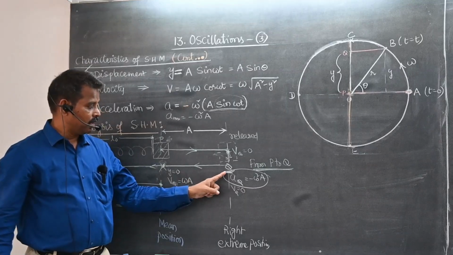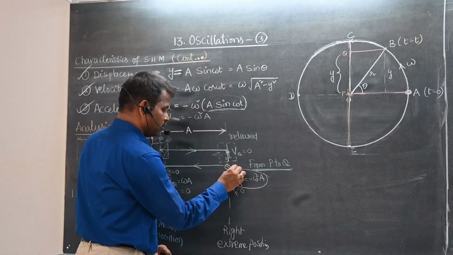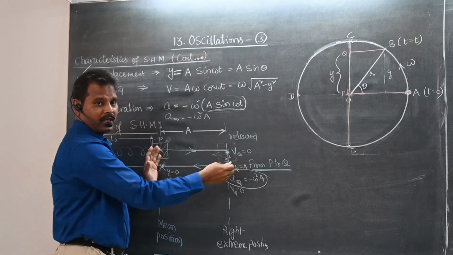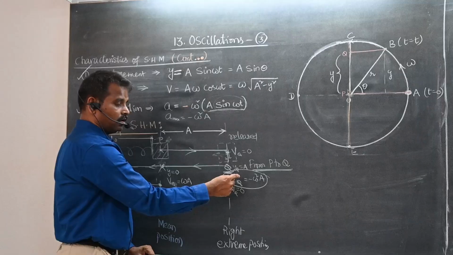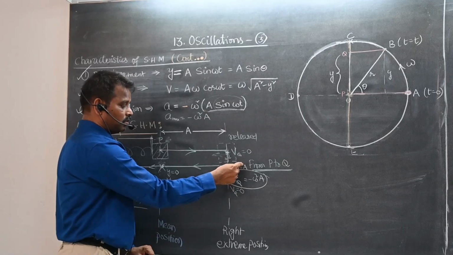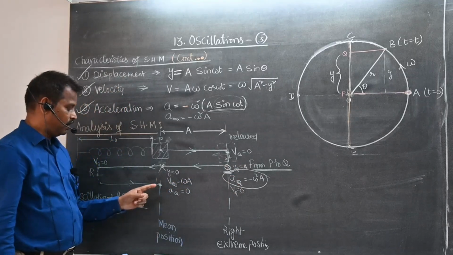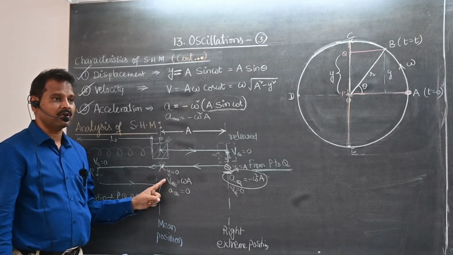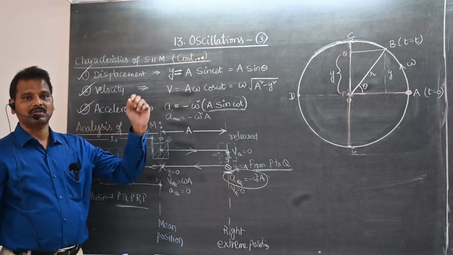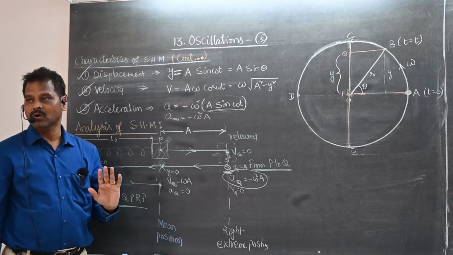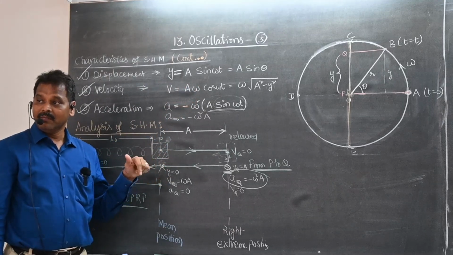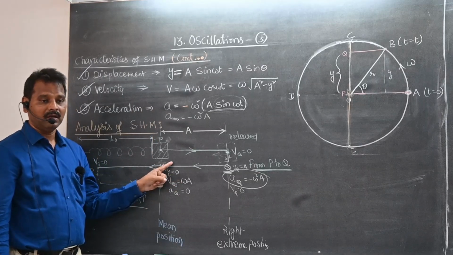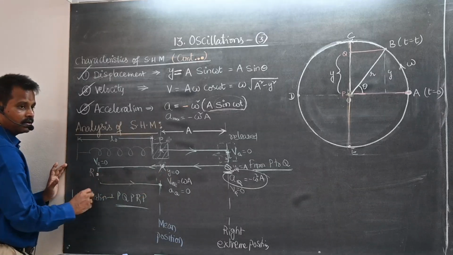Please remember, at Q, y is equal to y_Q, which is A. Y at Q is A. Maximum acceleration, maximum displacement, minimum velocity. Here, minimum displacement, minimum acceleration, maximum velocity. By observing that graph also, you will come to know that whenever velocity is maximum, both displacement and acceleration are minimum.